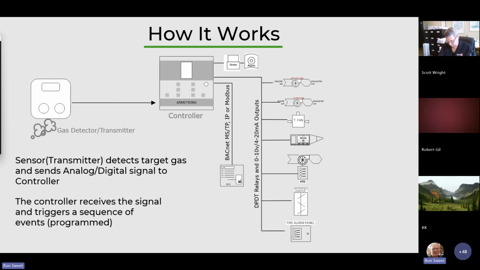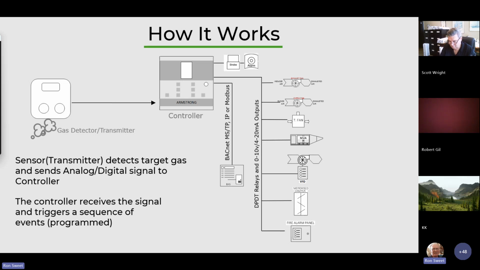Typically, what that control point is doing is bringing on the ventilation system so that you've got dilution through ventilation and you're maintaining safe levels of toxic or asphyxiant or combustible or flammable gas.